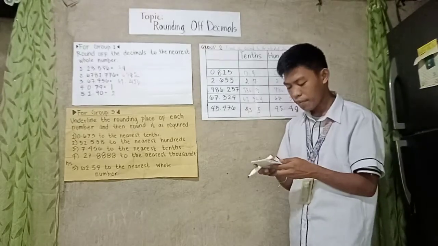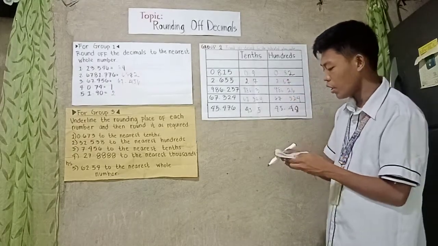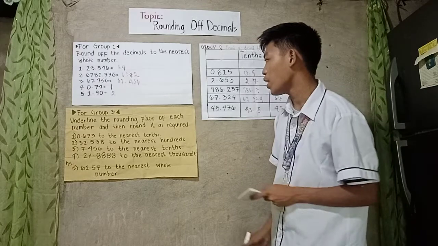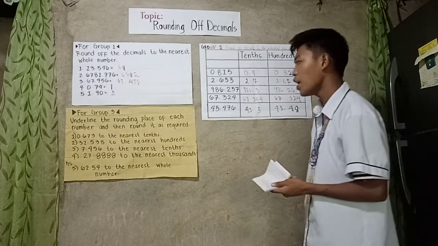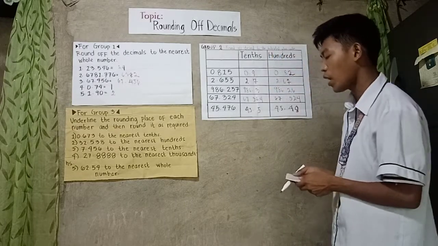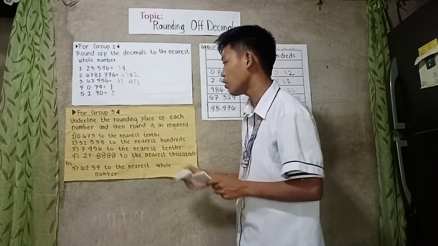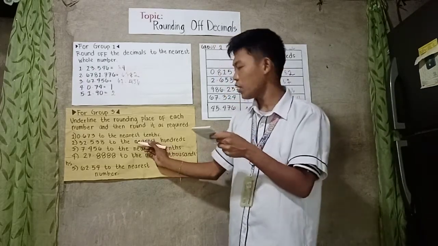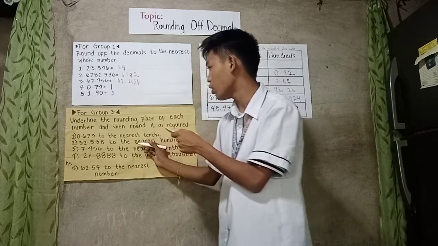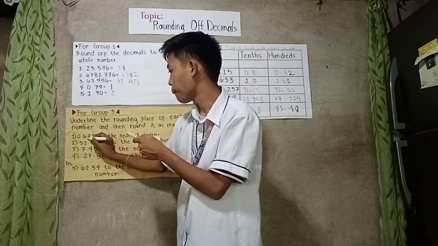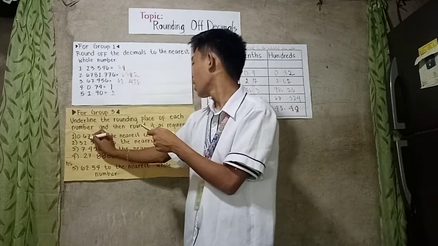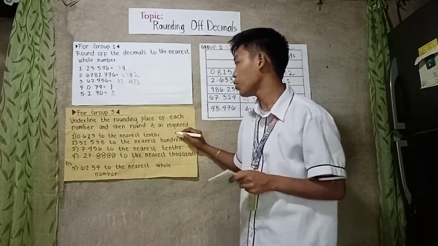For group 3, as I've said earlier, you are to underline the rounding place of each number and then round it as required. For number 1, 0.673 to the nearest tens. So we are to underline 7. And afterwards, we will round it off.